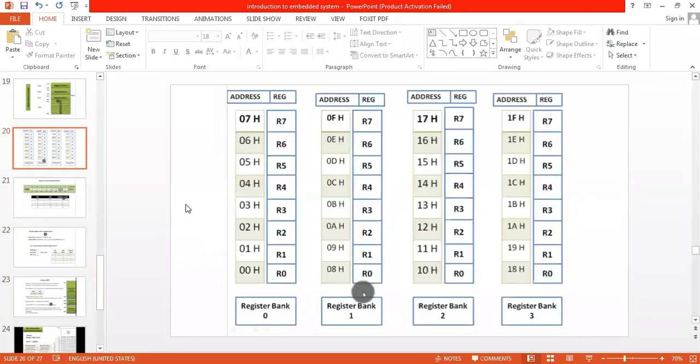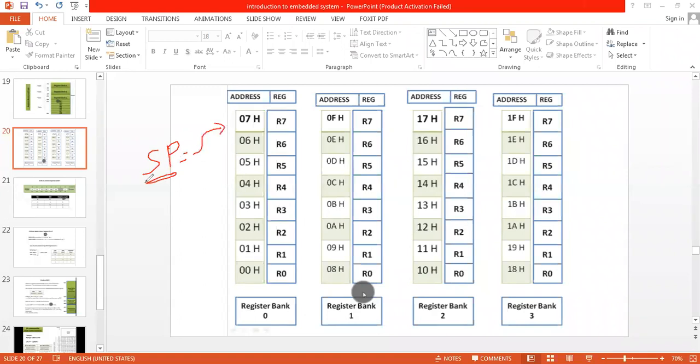I will just say what a stack pointer is. Stack pointer is one register, and the initial value of the stack pointer is 07H.